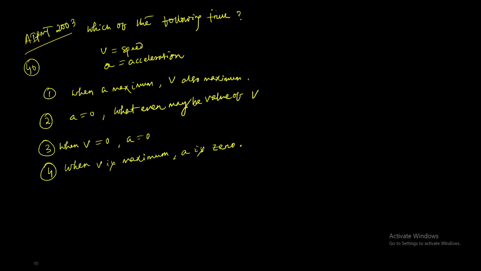40. Which of the following is true? V is speed and A is acceleration for a SHM. Obviously they are asking for the SHM. So this will be your extremum minus A, this will be extremum plus A, this will be 0, right? So let's start from the mean position. At mean position, your V is maximum and A is equal to 0 because at mean position the net force is 0, so acceleration will be 0.